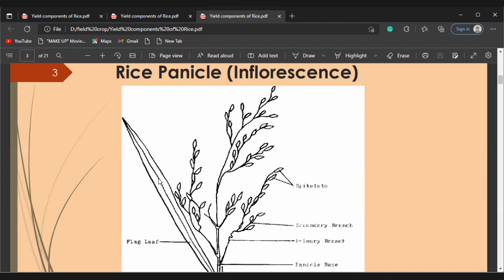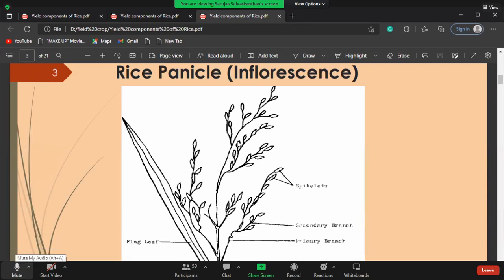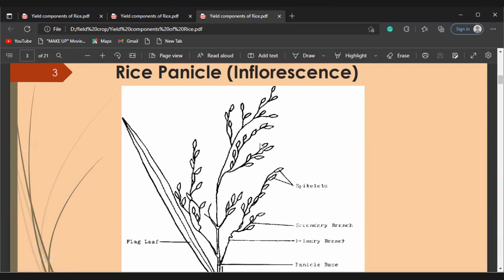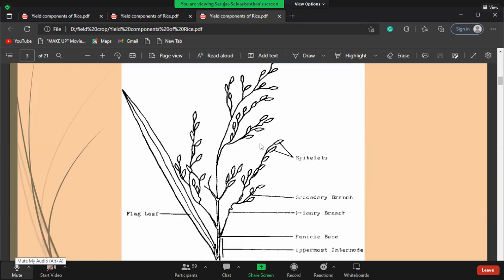Then in the panicle, did you see the spikelets? Yes or no? What are those? They are the spikelets.